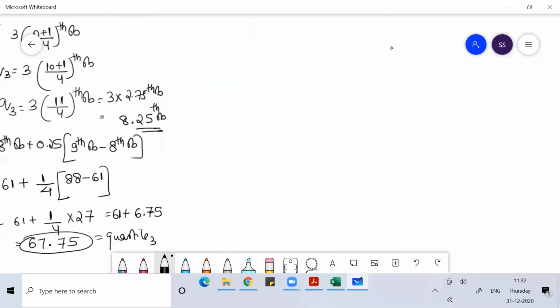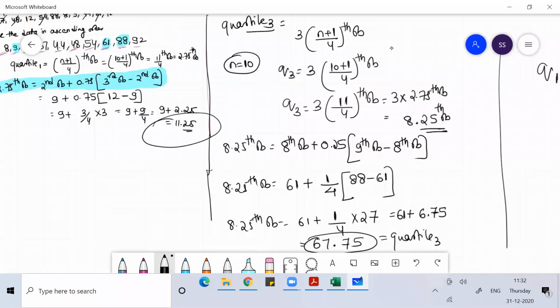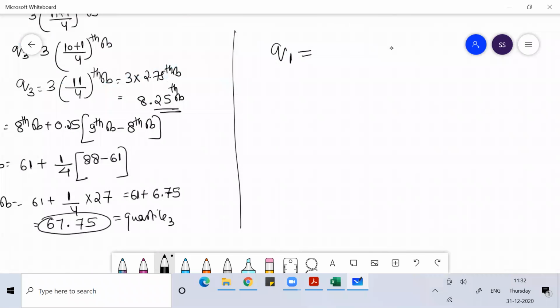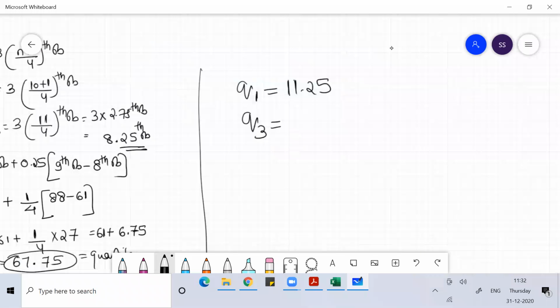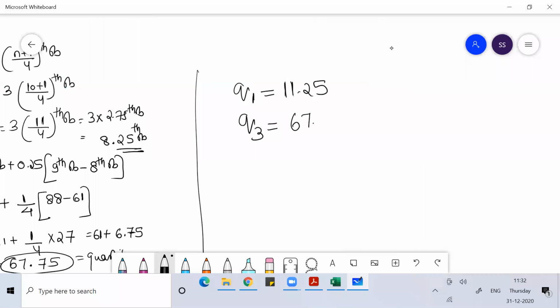So you got quartile 1 as 11.25, and you got quartile 3 as 67.75.